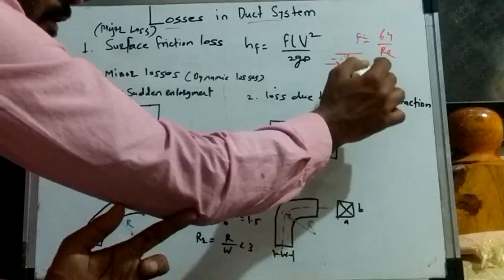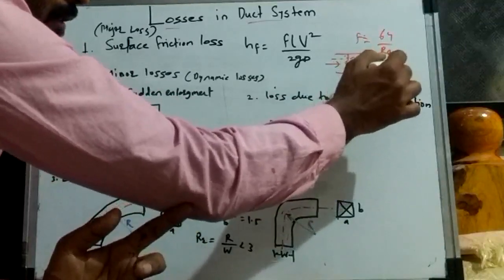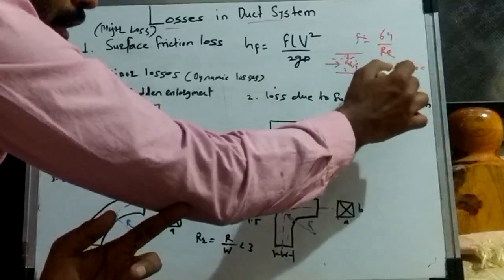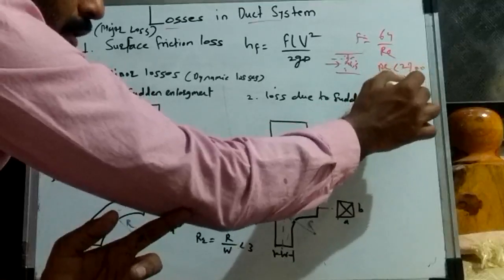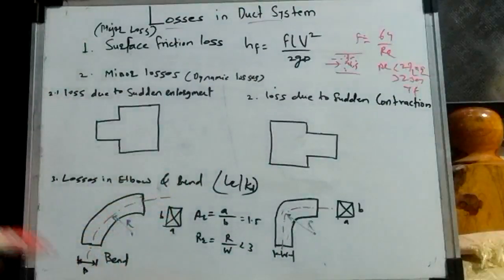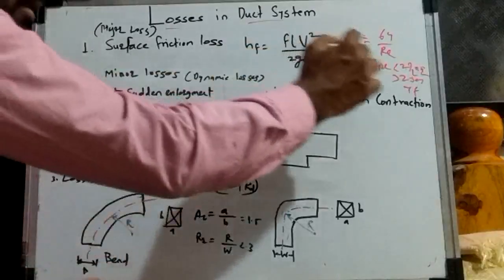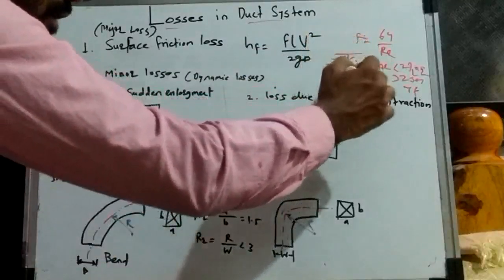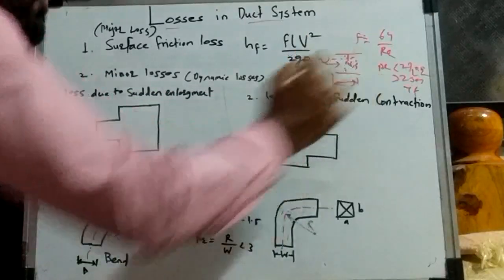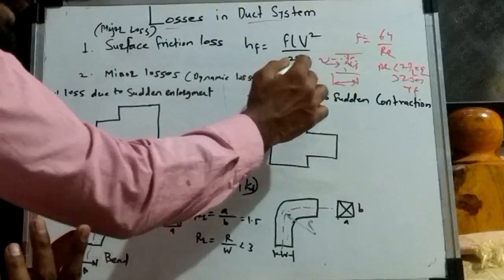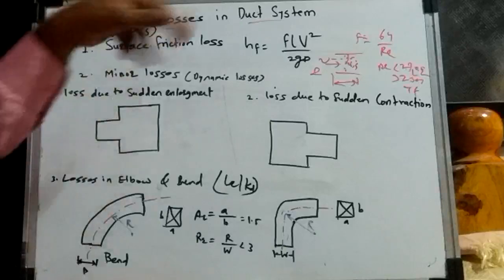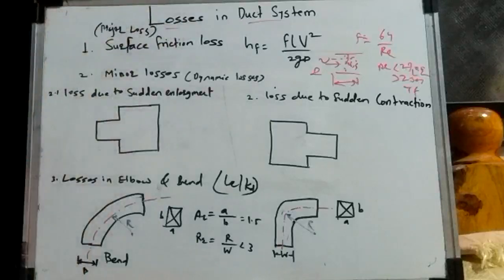If the Reynolds number is less than 2300, that is laminar flow, and greater than 2300, that is turbulent flow, right? So as per that we have to consider the friction factor. L is the length of that particular duct, V is the velocity of flow of air, and D is the equivalent diameter of the duct. So with the help of this we can calculate the surface friction loss.